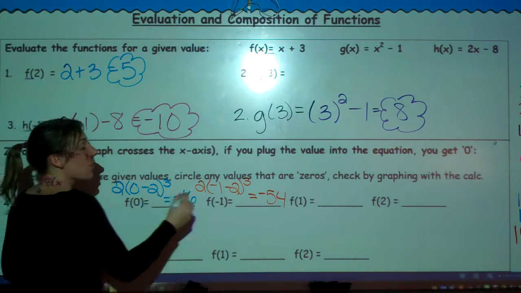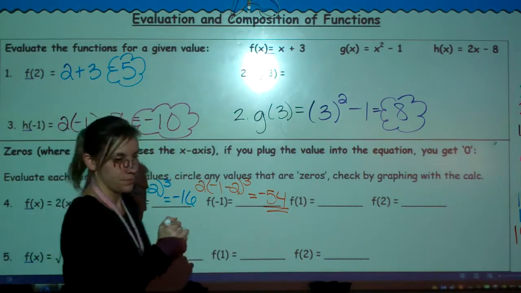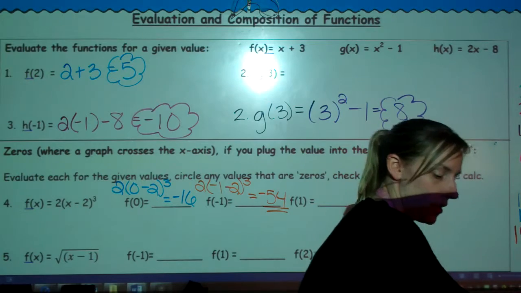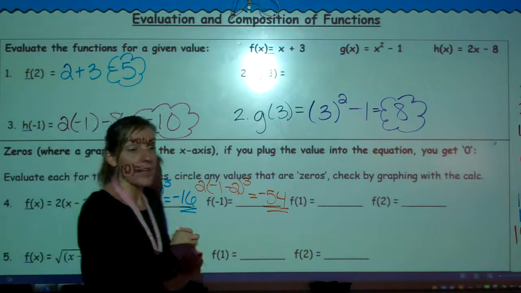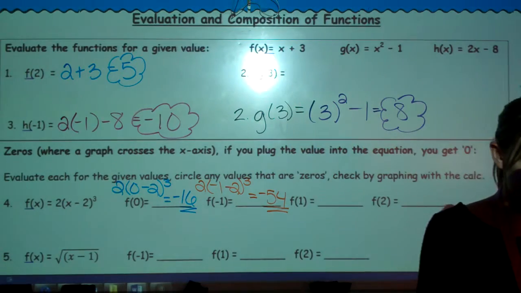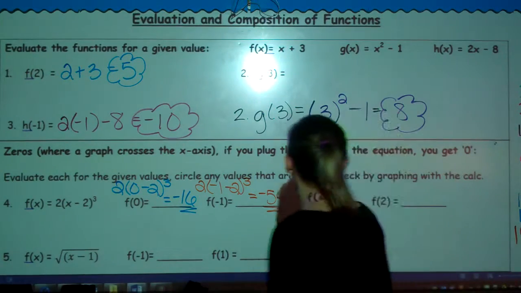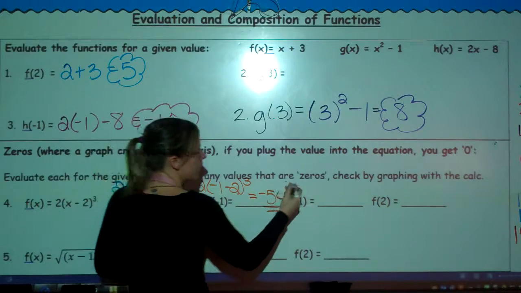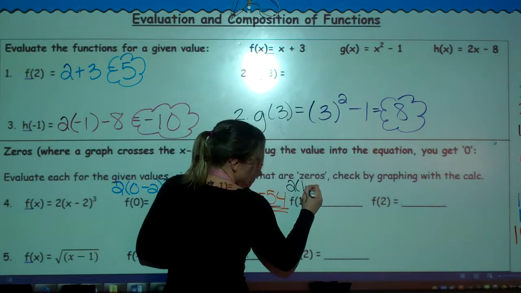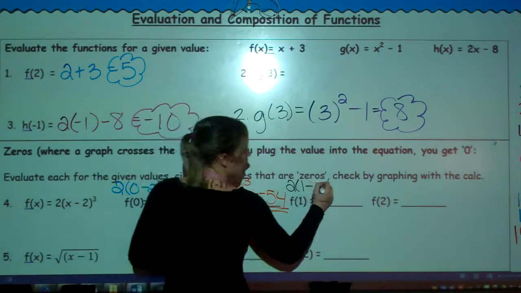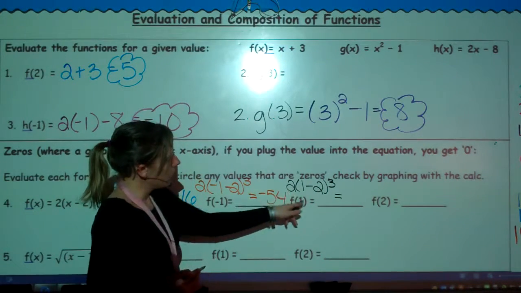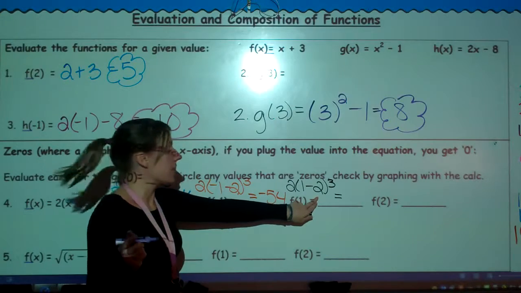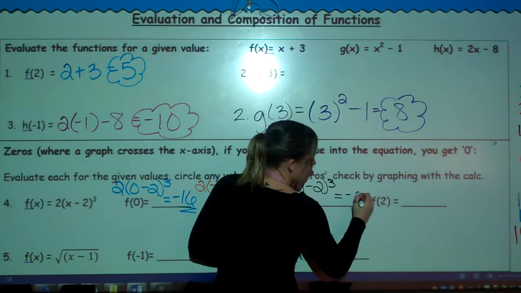All right, so here's that answer. Okay, if you want to use a graphing calculator or use your calculator for different parts, that's fine. So if I put in a 1 right here, I get 2 times 1 minus 2 to the 3rd. And that equals negative 1 to the 3rd is negative 1 times 2 is negative 2.